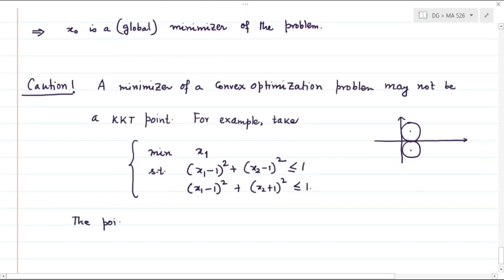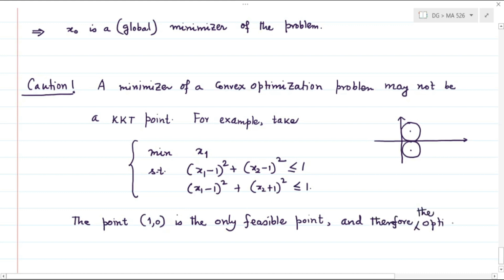It has only one feasible point. (1, 0) is the only feasible point, and therefore it is the optimizer of the problem.